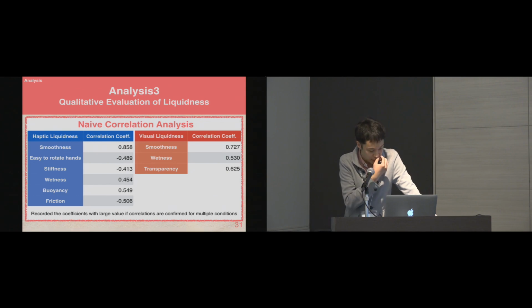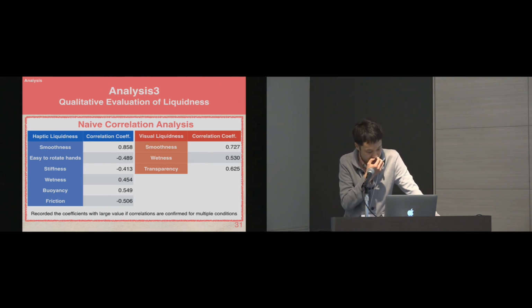We show the variables related to liquidness because the definition of liquidness is not revealed in the previous test. We enumerate items correlated with haptic or visual liquidness through qualitative evaluation. Haptic liquidness is related to the smoothness, the difficulty of rotating the hands, the stiffness, the wetness, the buoyancy, and the friction.